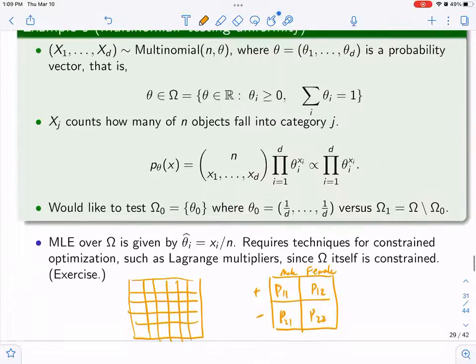So we can reparameterize, and theta would be P11, P12, P21, P22. And so for a null hypothesis of independence, how do I test whether these are independent? So I can write a null hypothesis, right? What would be the null hypothesis here?